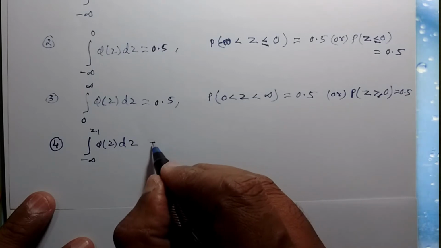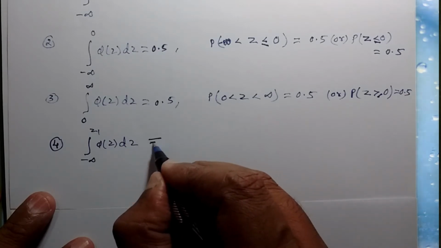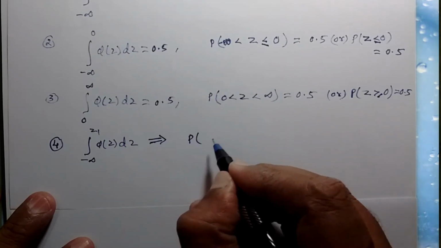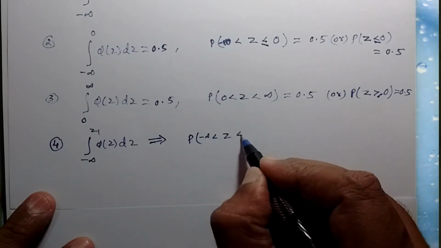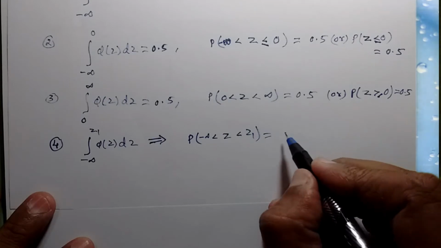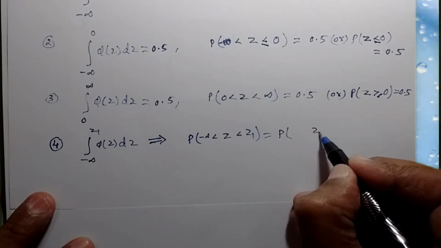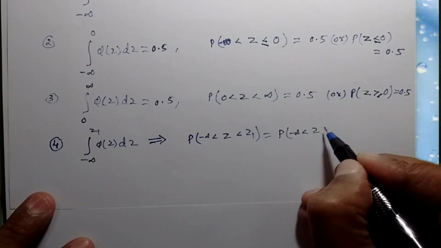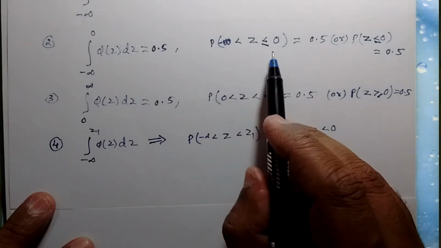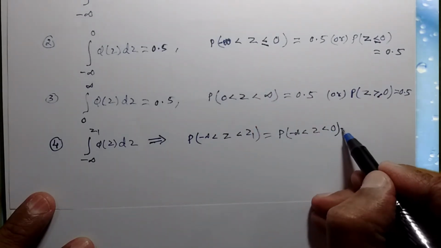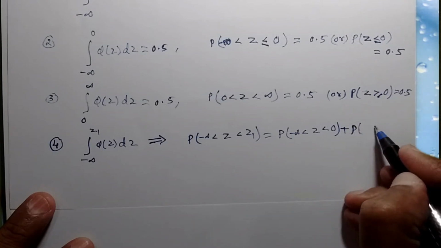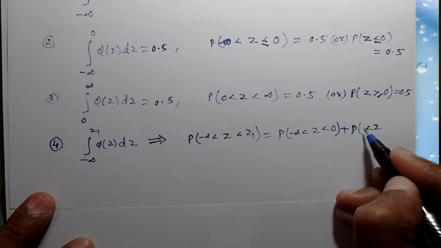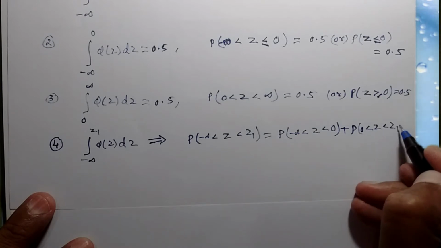In terms of the probabilities, you can write the probability when the value of z lies between minus infinity to z1. The same thing can be written as the probability when z lies between minus infinity to 0, plus, because it is up to z1, the probability when z lies between 0 to z1.